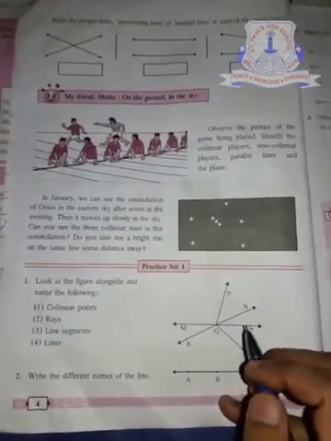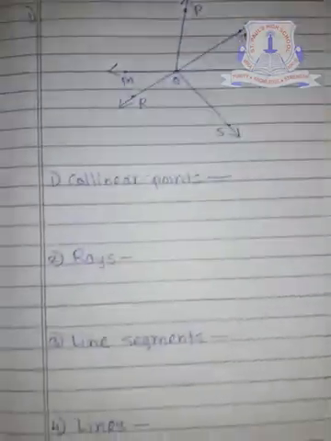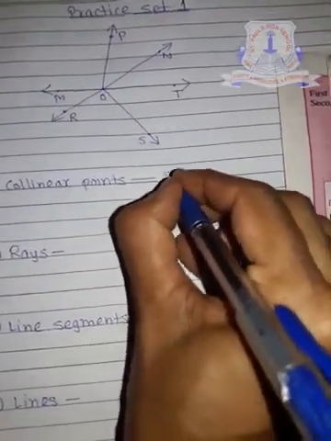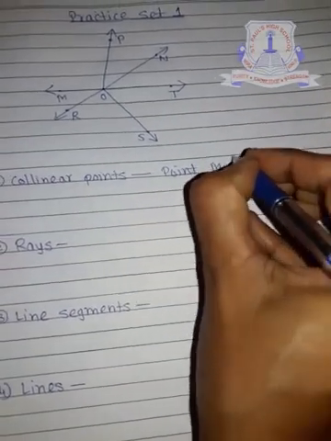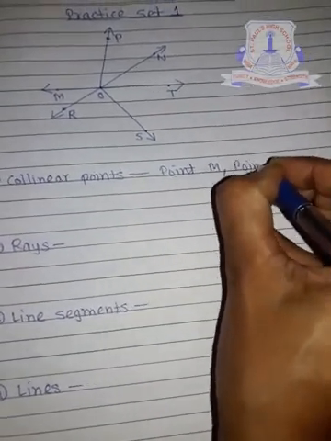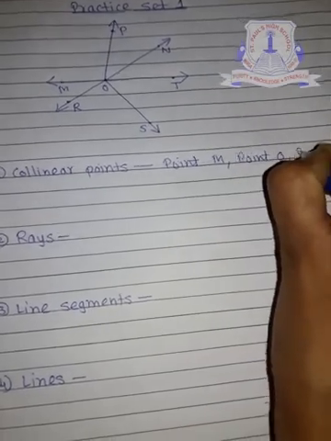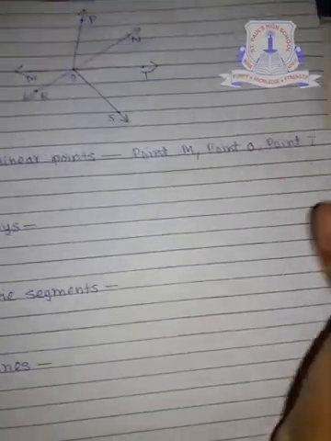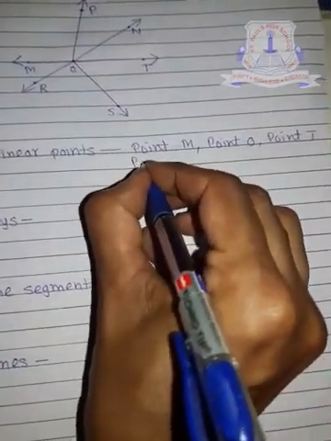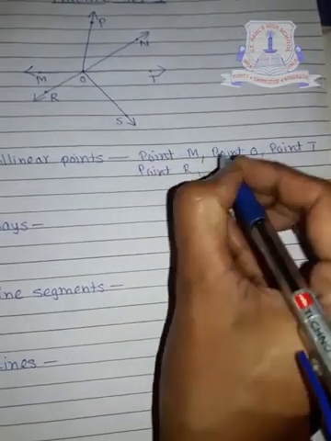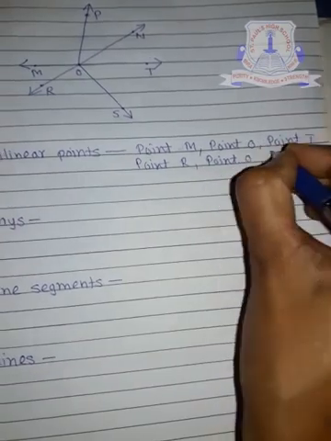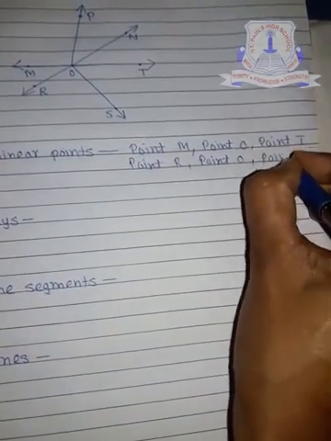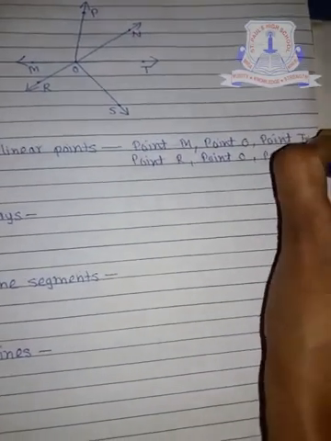So we are going to write it as point M, point O, point T. After that, point R, point O, point N.